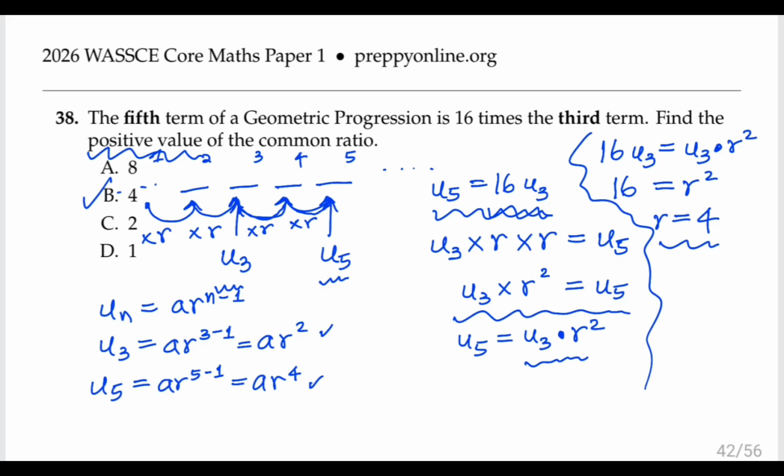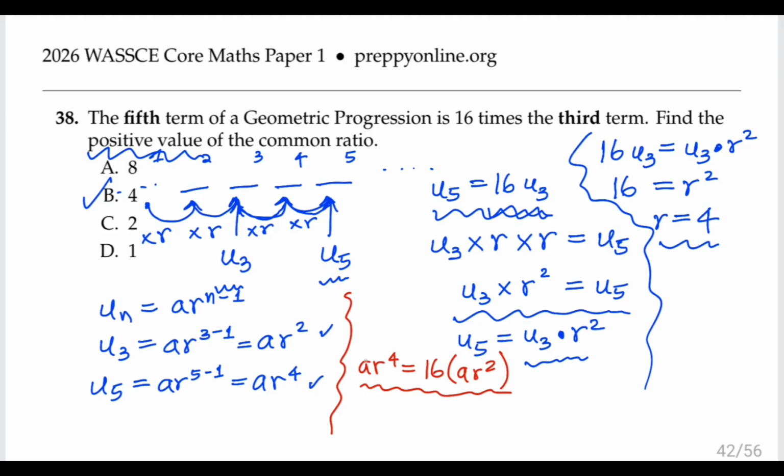So if you're now told that the fifth term is 16 times the third term, what does it mean? It means that this ar to the power 4, let's write that, ar to the power 4 equals 16 times this, ar squared. So you're trying to solve this equation. And how do you do that? One way is to divide through.